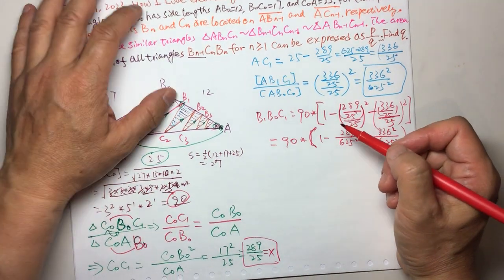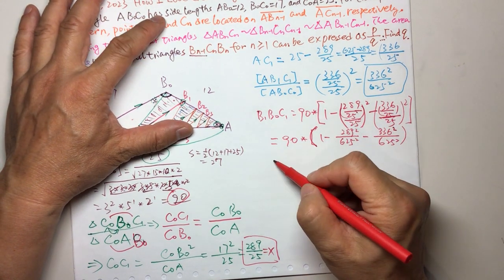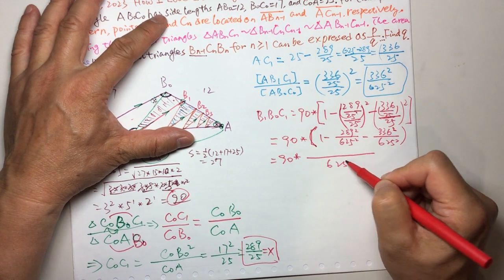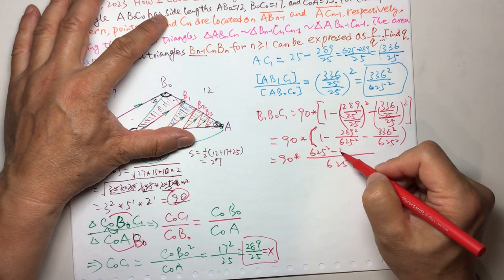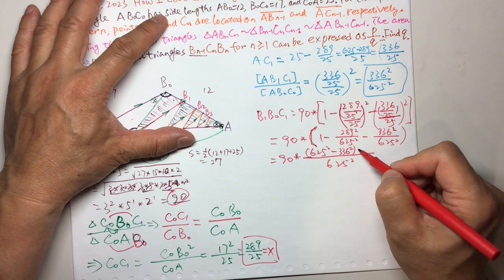Yes. And now we can do something like 90 times squared minus 336 squared. Yeah, we can put them together first.